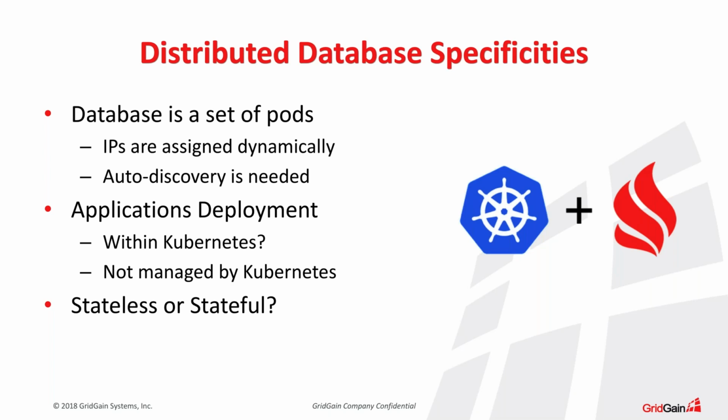Because if it's deployed outside, you can just create a Kubernetes service, such as a load balancer or another one, and the IP address of your database will be exposed to your applications.